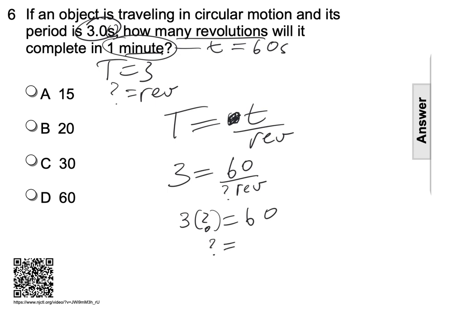So X is equal to 60 divided by 3, which is 20. Oops, did that wrong. 20 revolutions in a time of 60 seconds or a minute.